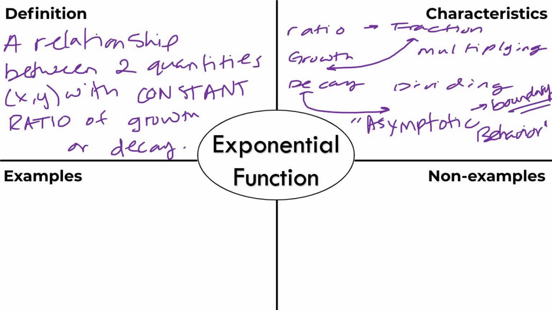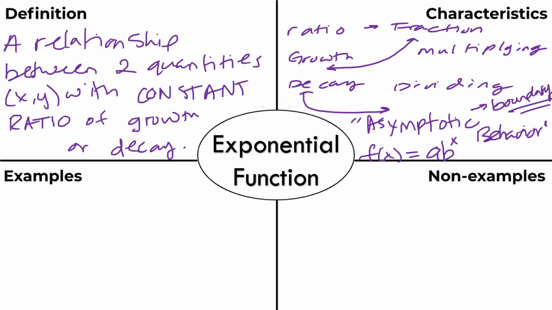Lastly, our function in standard form is going to be f of x equals a times b to the x. Okay, we're going to do the examples together because I understand that it is a newer concept.